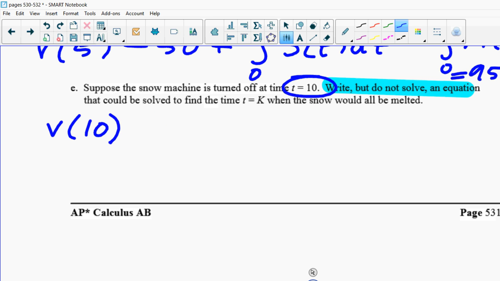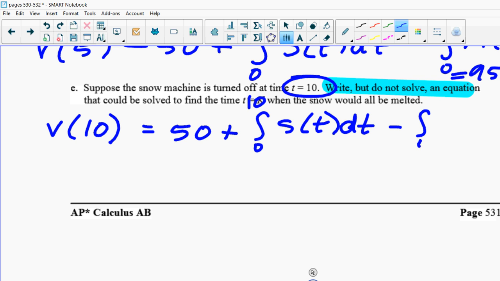You got to figure out how much snow there is. So we're going to find v of 10. So that's going to be your 50 plus the integral from 0 to 10 of s of t dt minus the integral from 0 to 10 of m of t dt.